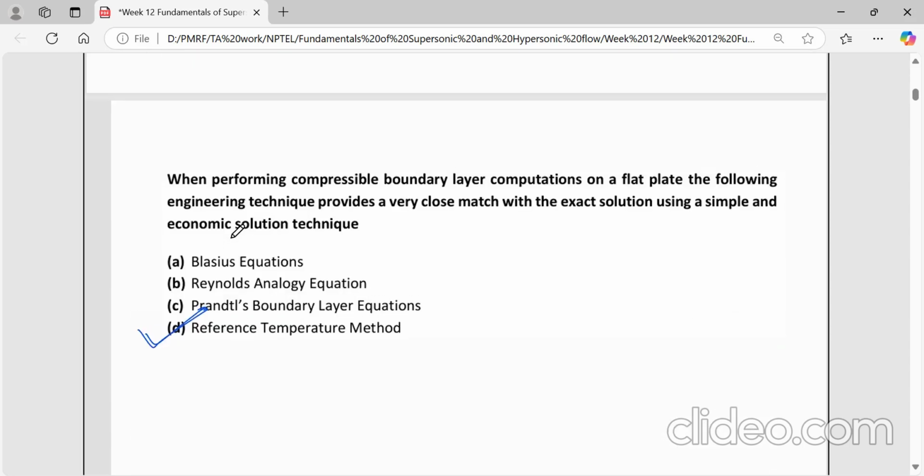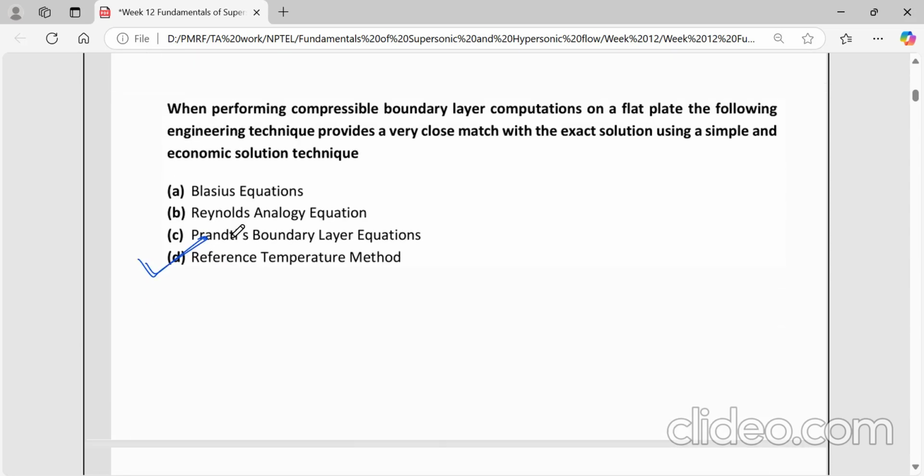Generally, if you solve the compressible boundary layer for, let's say, a chemically reacting mixture or viscous flow, we need high computational power, and also it is very complex.